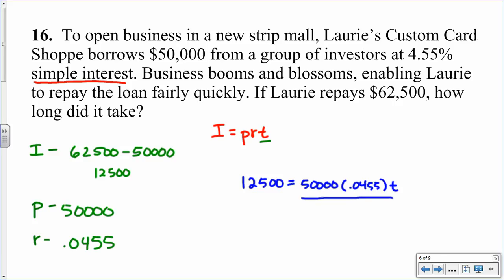Okay. I'm going to divide by 50,000 times 0.0455. Again, if you do get a whole number, you can multiply first. But I think it's easier to just do all the calculation at the very end.